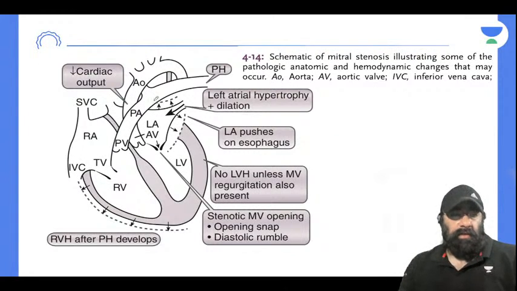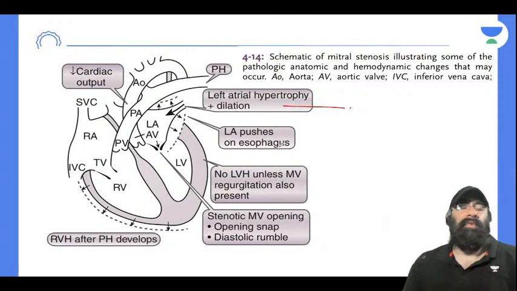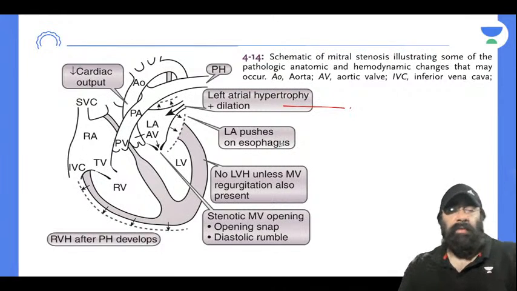So this is how it is. What is happening? Left atrium, here the mitral valve, and this is the aortic valve. Here the first thing which happens is left atrial hypertrophy plus dilation. Both things happen. Then if over a period of time mitral valve regurgitation develops, there will be LVH, or else no, right?